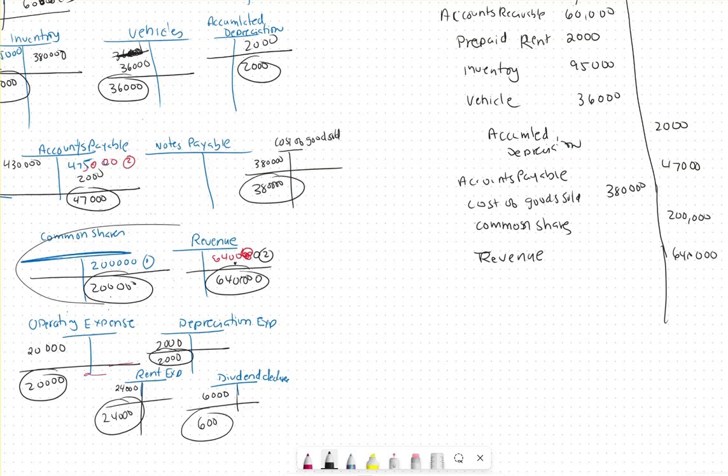My pen is not doing what it's supposed to do. So we have operating expenses, and my operating expenses was 20,000. That's why I'm trying to say the numbers. And we have a depreciation expense, which has a debit balance, and that is your 2,000.